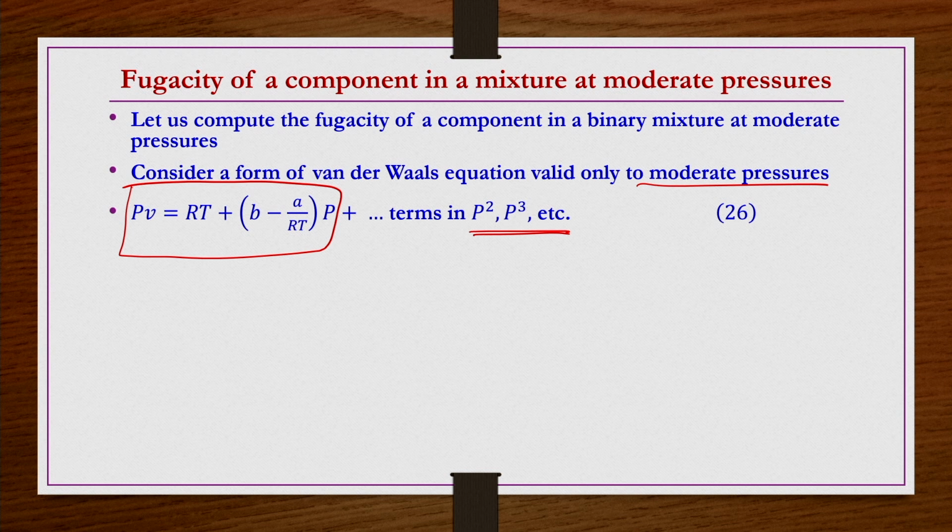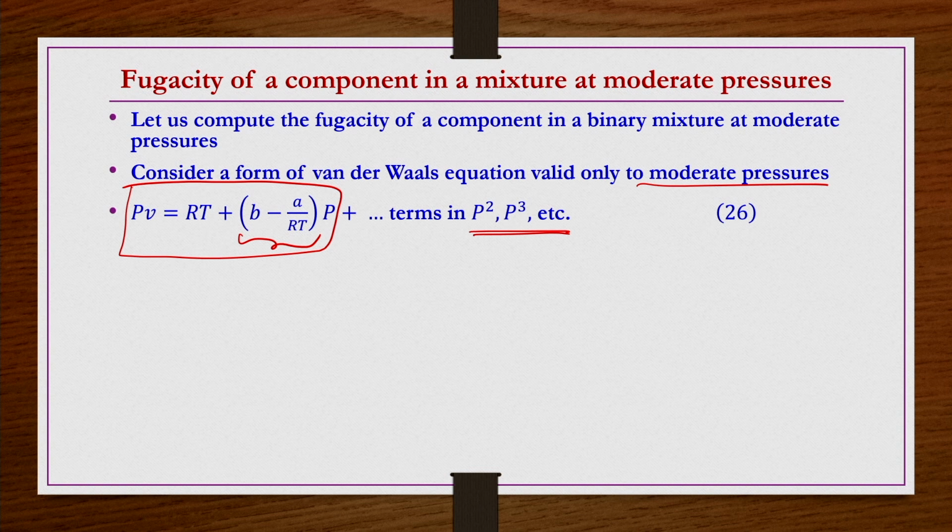Now, if it is ideal behavior, then PV should be RT. There should not be any additional terms. There is a non-ideality because of the moderate pressure. Because of that non-ideality, there is an additional term here, which is nothing but (B minus A by RT) multiplied by P. There are more additional terms in P square, P cube, but we are not taking them.